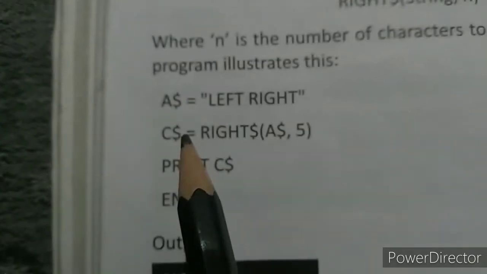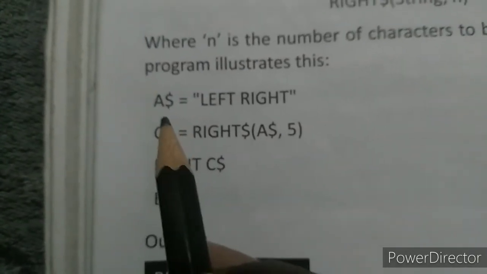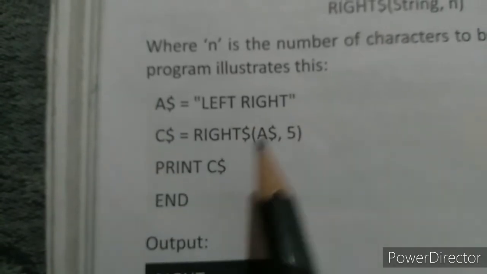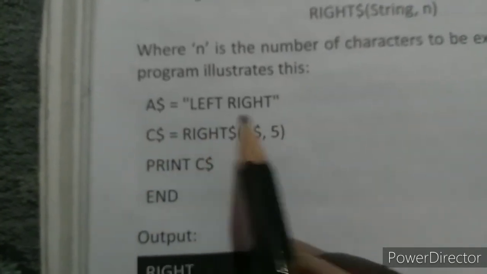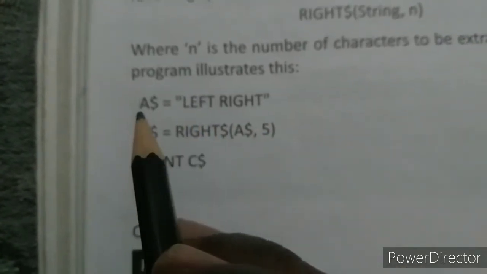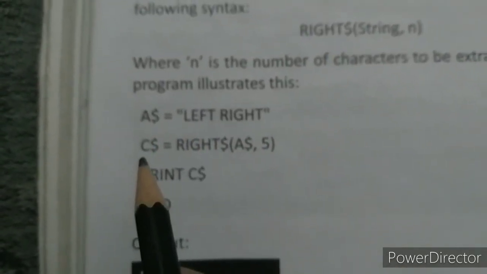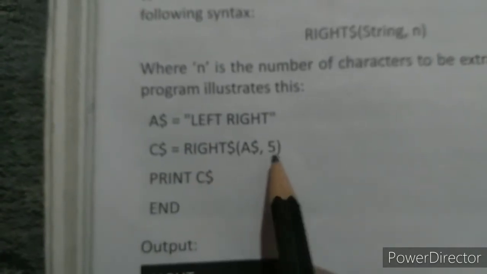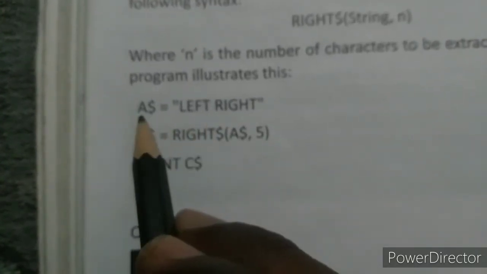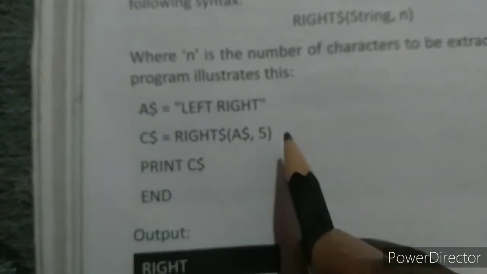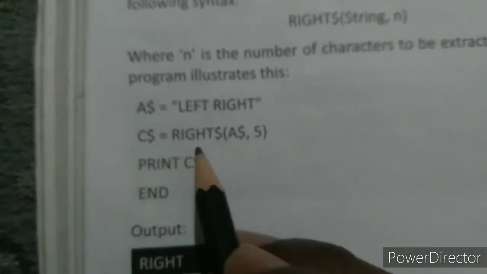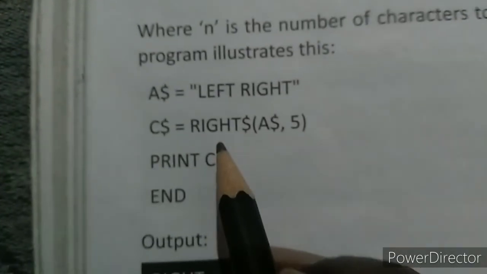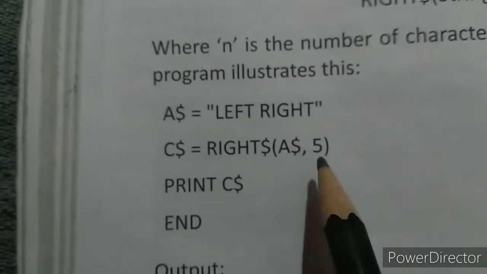Now here $A is equal to leftright, a string which has been stored in A, and now we cut 5 characters from $A and store them into $C, which is equal to right($A, 5).